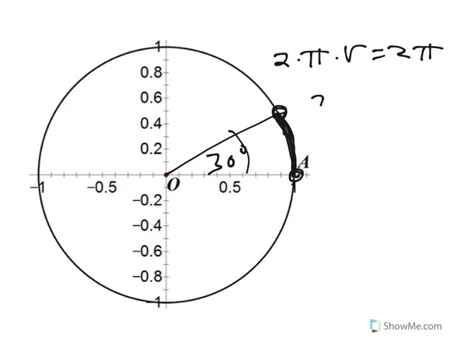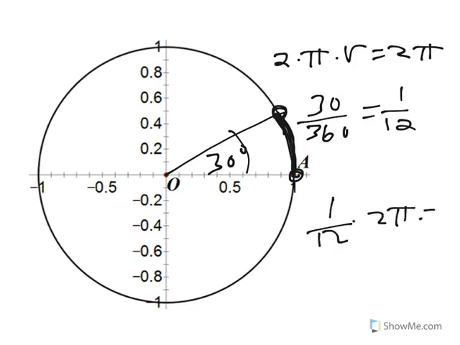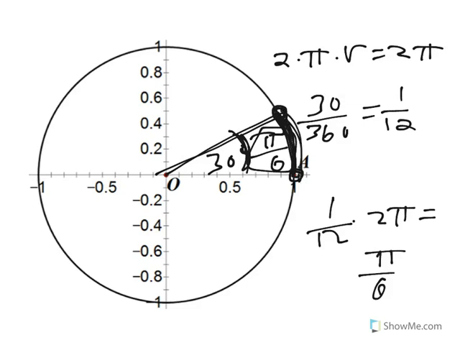And this 30 degrees, 30 over 360, is 1/12. So 1/12 of the circumference is pi over 6. And we say that 30 degrees is pi over 6 because 30 degrees in a unit circle intercepts an arc length of pi over 6.